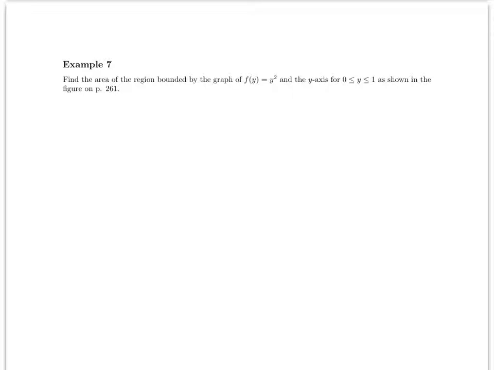So example 7. Now we are given, once again, I'm going to write our formula for area up here. What is area? The limit as n approaches infinity. What's n? The number of rectangles.